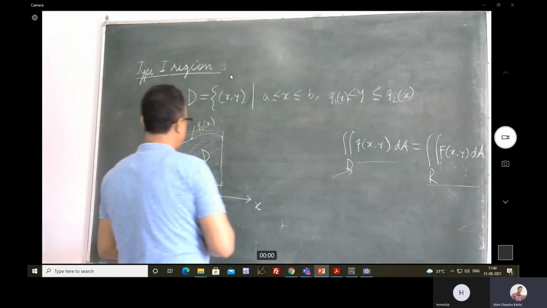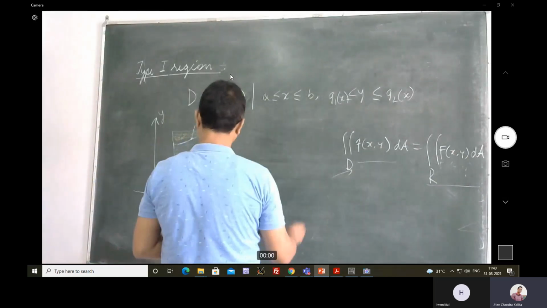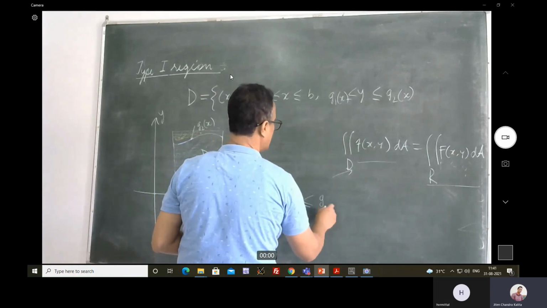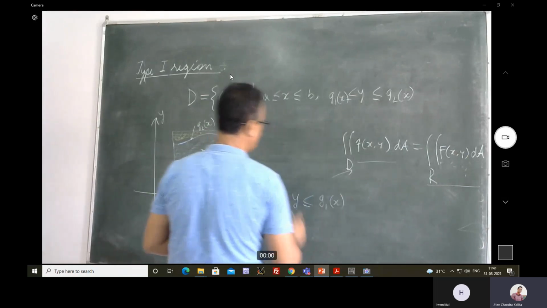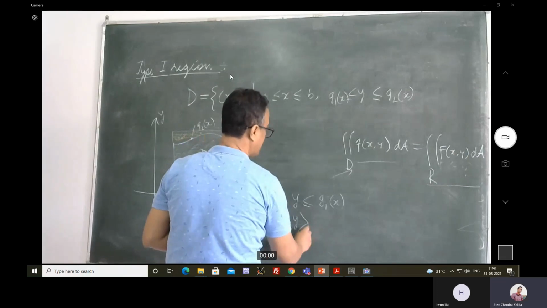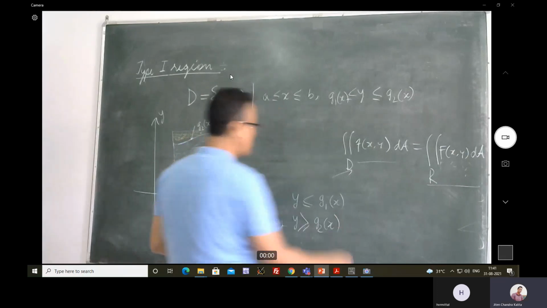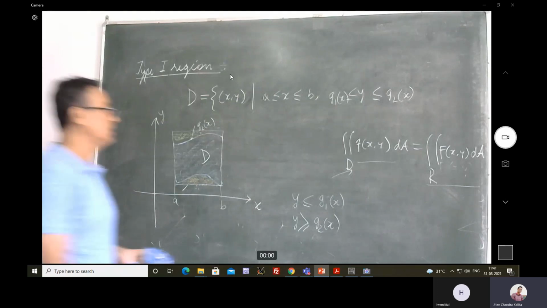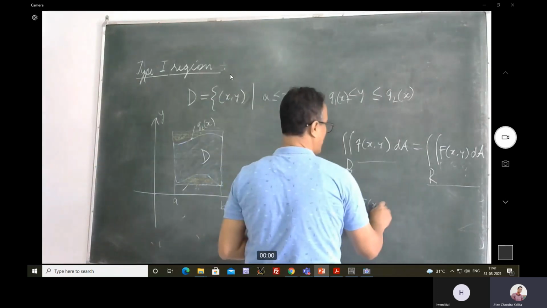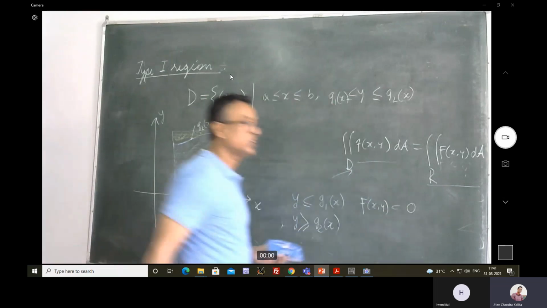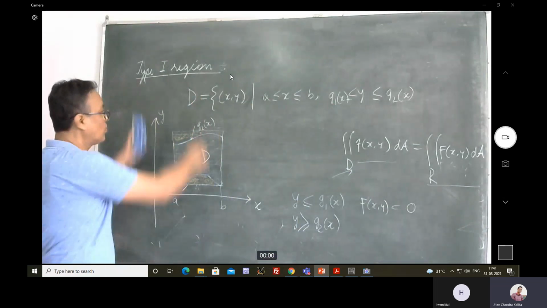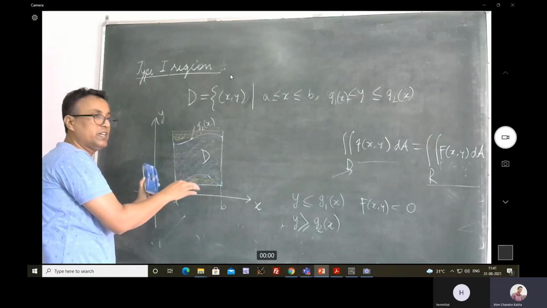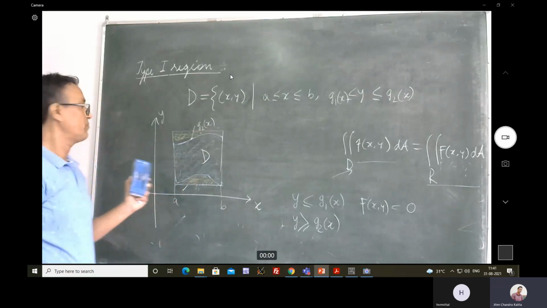But when y is less than or equal to g1(x), and y is greater than or equal to g2(x), then capital F of xy is going to be defined as 0, isn't it? So we will be able to perform the integration very easily. Is it okay? Fine. So that is what we are going to do.